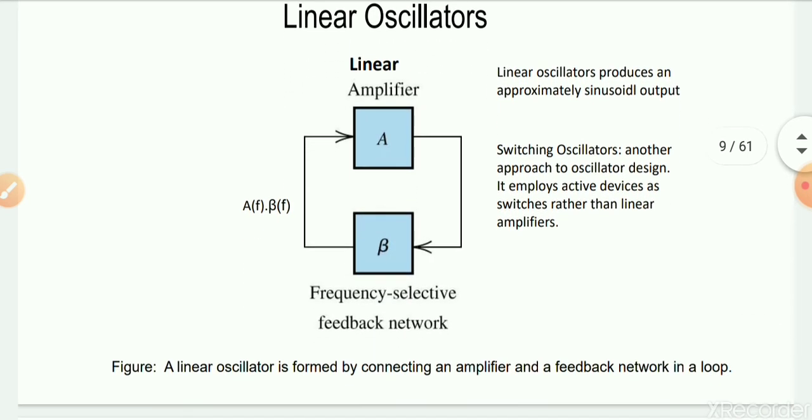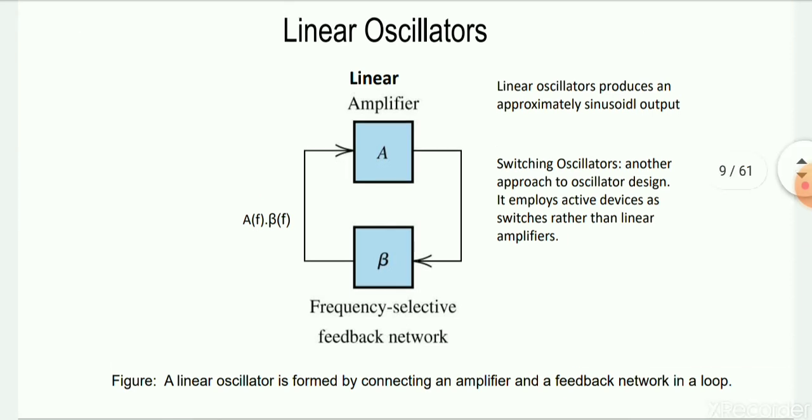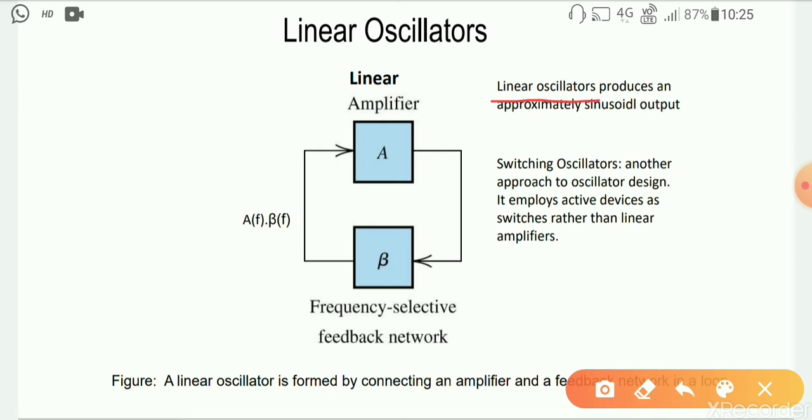For the linear oscillator, their amplification is maintained in a linear form. That is, the linear oscillator produces an approximately sinusoidal output. And the switching oscillator, another approach to oscillator design, employs the active device as a switch rather than a linear amplifier.